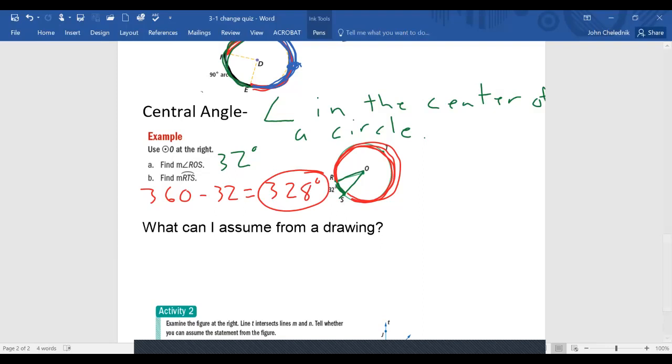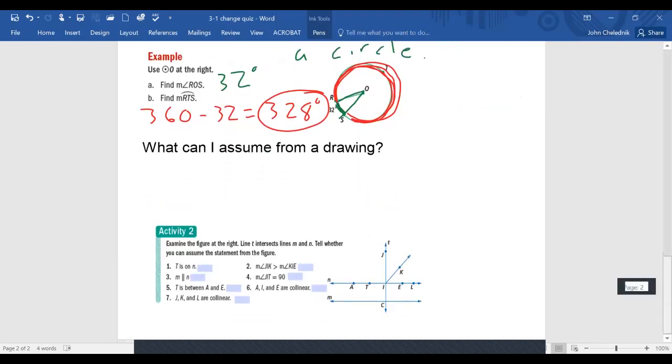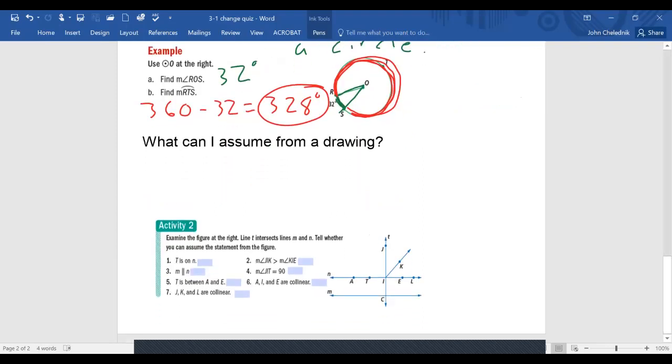Now, the last part of this lesson is just about what in geometry you are allowed to assume. In geometry, there's literally only 2 things you can assume, and there's nothing else other than 2 things I'm going to write down.